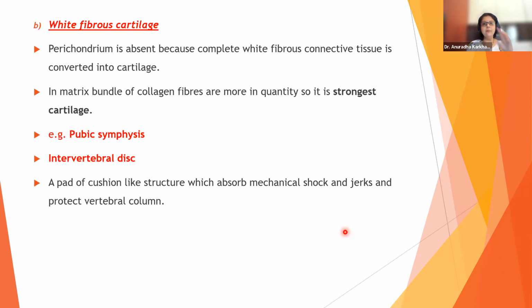I told you that in a slip disc, this cushion between two vertebrae slips off. So this cushion is made up of this white fibrous cartilage. Understood? So fibrous cartilages could be elastic one also or collagen one also. Could be either.